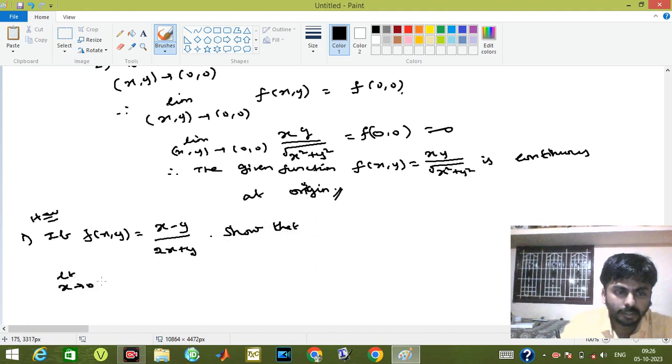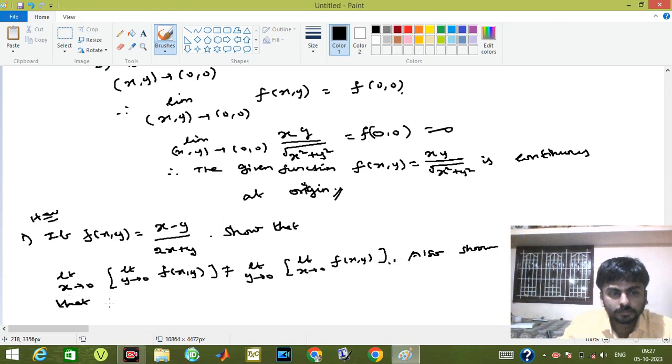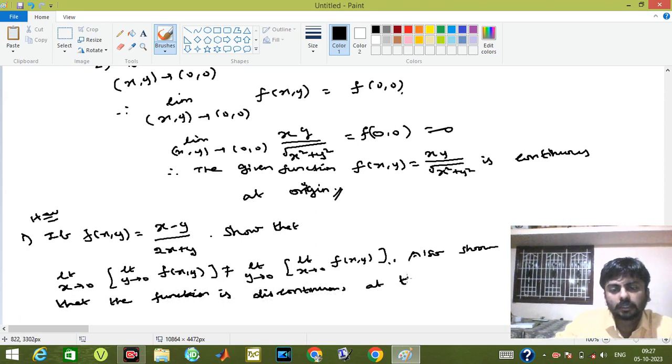limit x tends to 0, limit y tends to 0, f of x comma y is not equal to limit y tends to 0, limit x tends to 0 of f of x comma y, also so that the function is discontinuous at the origin.